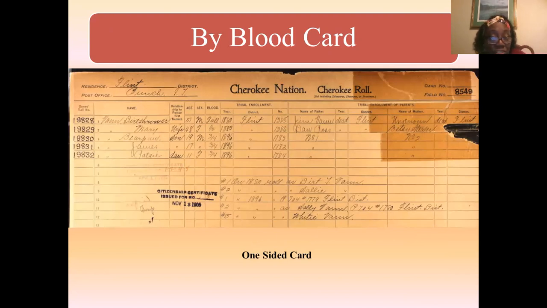You see Cherokee Nation, you see Cherokee Roll, and you see lots of information that is inscribed there on the card, including the name of the father of each person in the household, the name of the mother, the district from which they came, their ages, their gender, and whether they were full blood, half blood, or whatever that mixture may have been. Well, it's a one-sided card. All of that information goes on that one card.